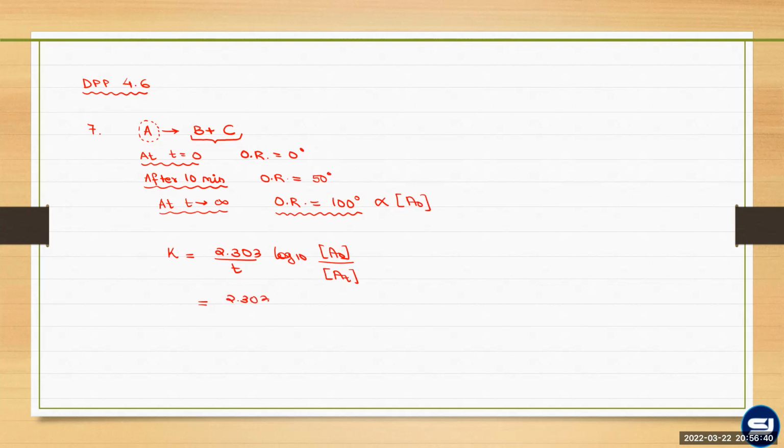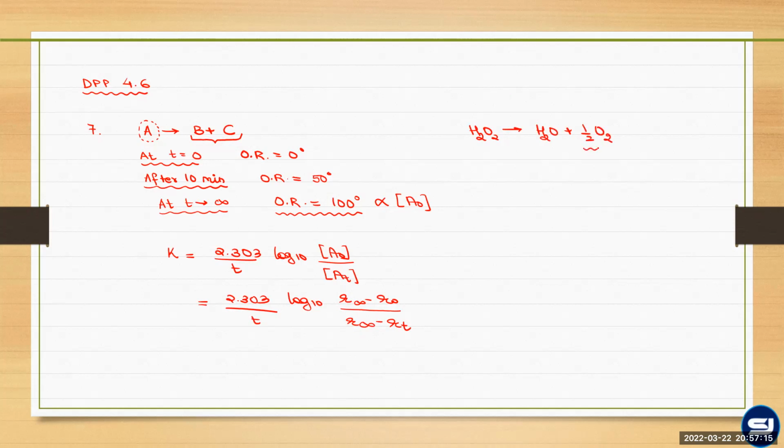Basically, in this relation I can write log to the base 10, instead of A naught, R infinity minus R naught, where R is the optical rotation, upon R infinity minus Rt. Does any such formula come to mind? For volume, yes. V infinity minus V naught upon V infinity minus Vt, which I had given for decomposition of peroxide, where the volumes of oxygen were given in the data.